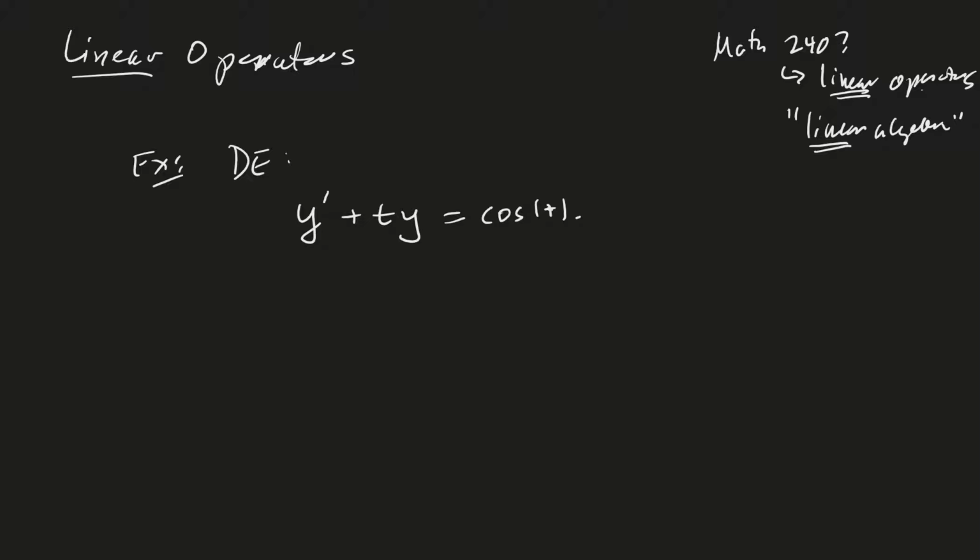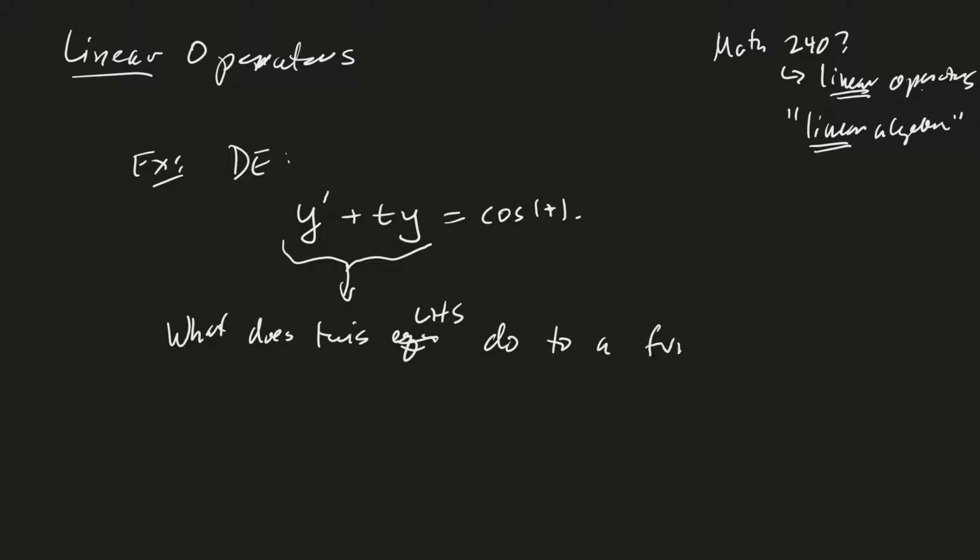The idea here is that if I take all the stuff that has to do with y, I'm going to ask the question, what does this equation, or this side of the equation, the left hand side, do to a function y of t?